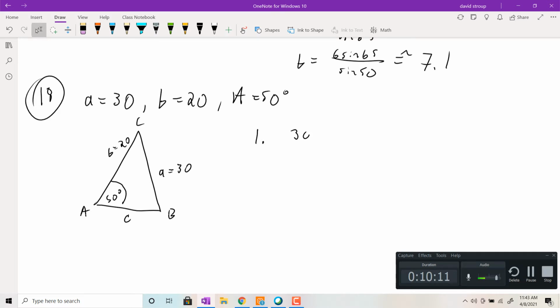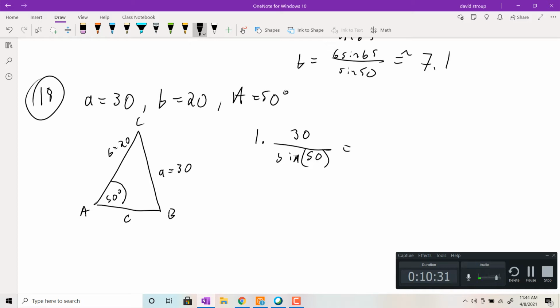So you have the 30 for little a and then 50 for big A, so you kind of set that up. And then on the other side, you can go after angle C or angle B, right? The book doesn't really specify which angle you should go after. I'll just go after angle B.